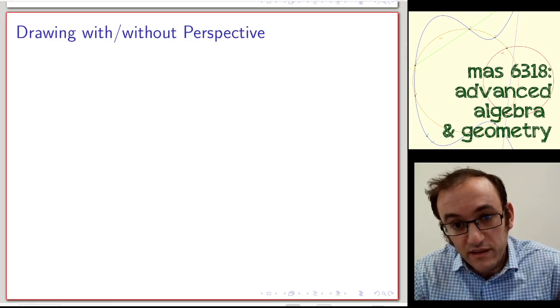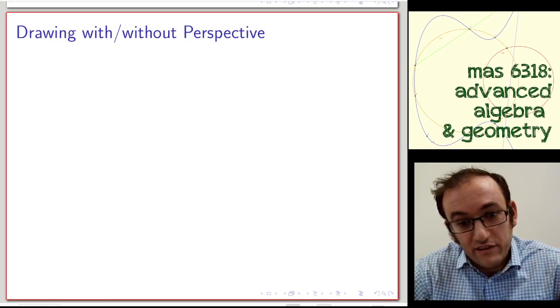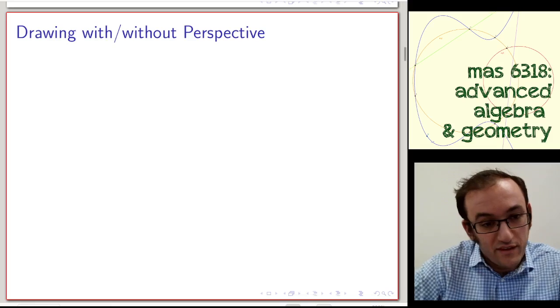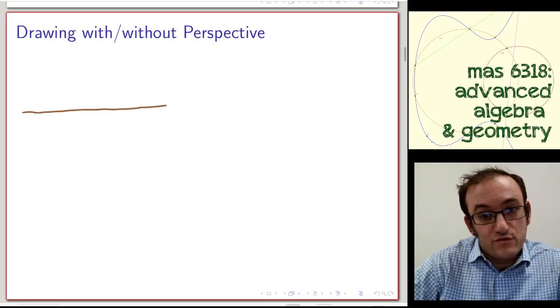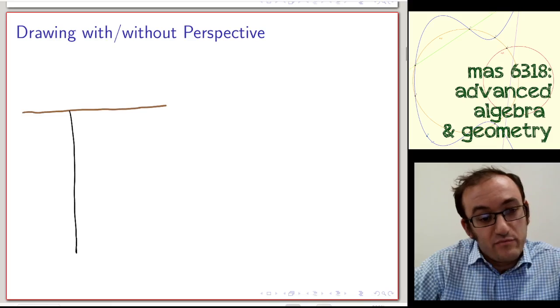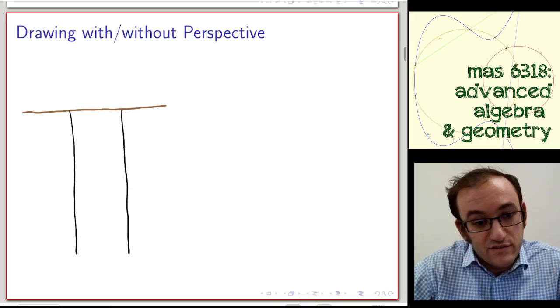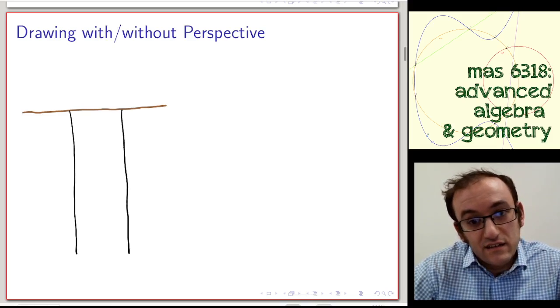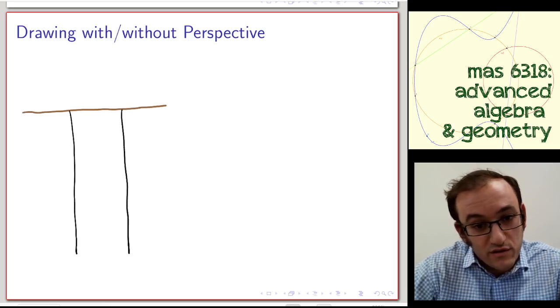So you are going to be very kind in forgiving my poor drawing. But let's say we want to draw a road. So let's say we have parallel lines. And here's our road, and we've got maybe some trees along the road.